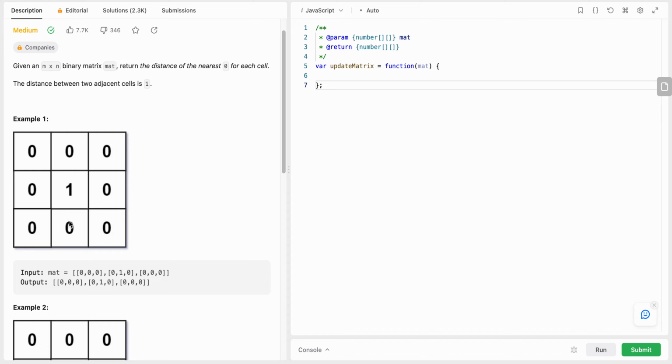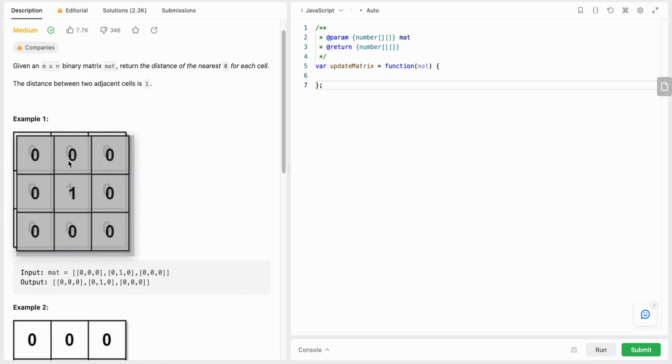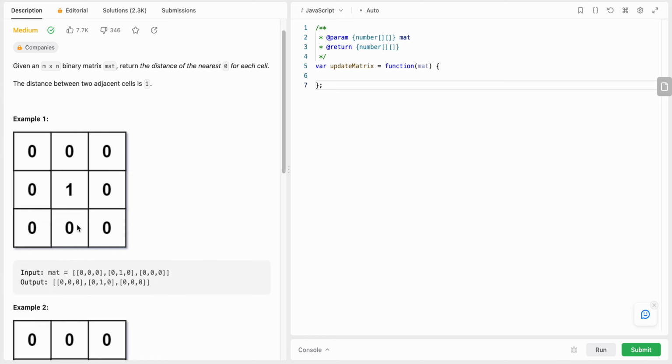Basically, if you look at this clearly, what we are doing is looking at its adjacent cells. It could be that three of these are 1, but only one of these is 0. So we look at all of these 4 adjacent cells at once, and we figure out the answer based on the values. That means we are actually performing a breadth first search.